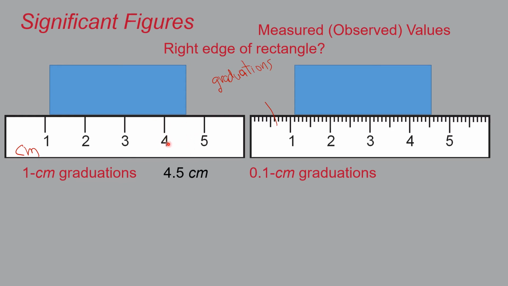So it's not really an estimation that this edge length is beyond the 4 centimeter mark and that it is before the 5 centimeter mark. So the 4 is known without estimation. But the 0.5 is the one you estimated. So this measurement right here is said to have two significant figures.